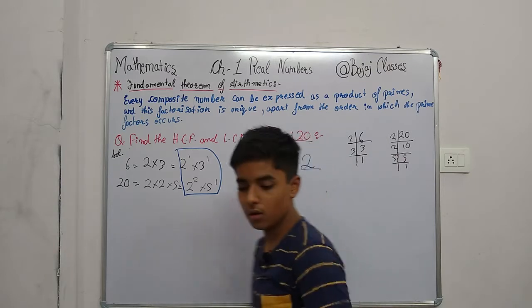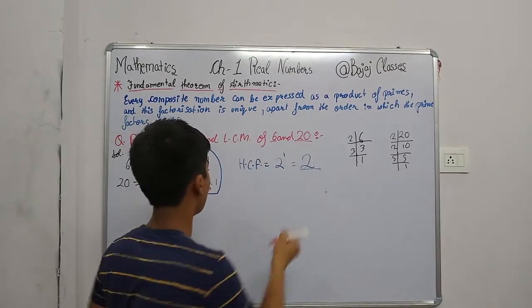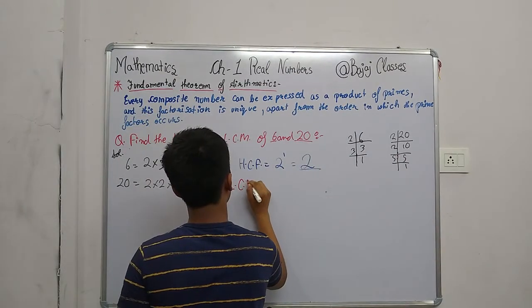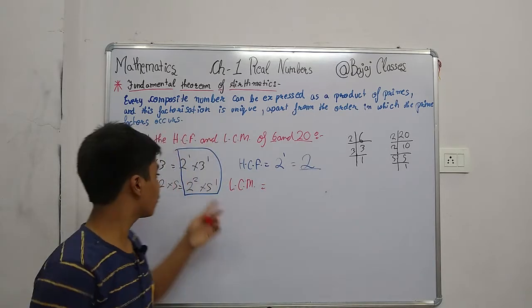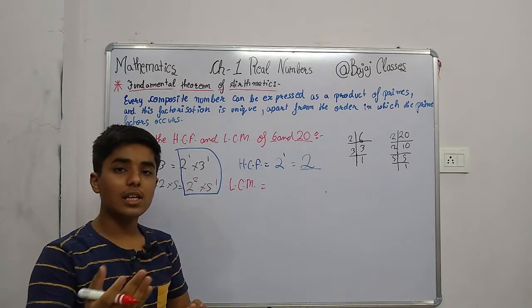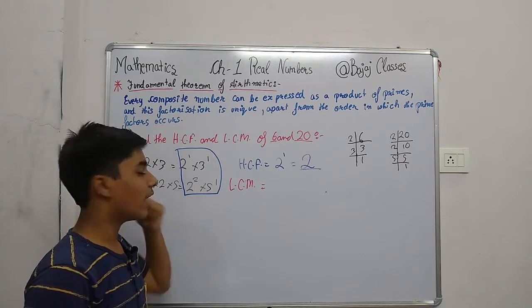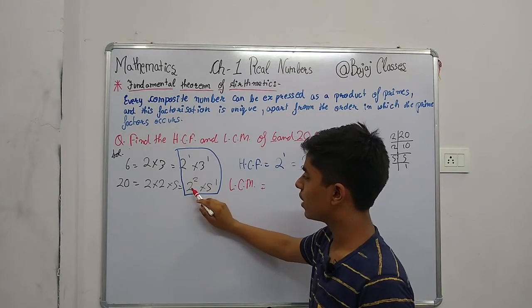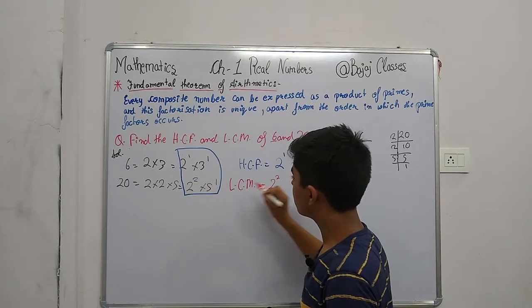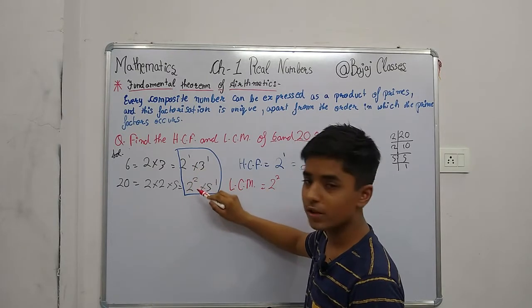Now LCM. What is LCM? We have to take the highest power of the common factors and all the unsimilar factors. So 2 raised to the power 2, because 2 raised to the power 2 is bigger.